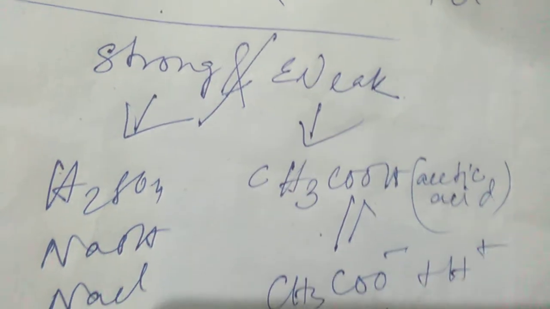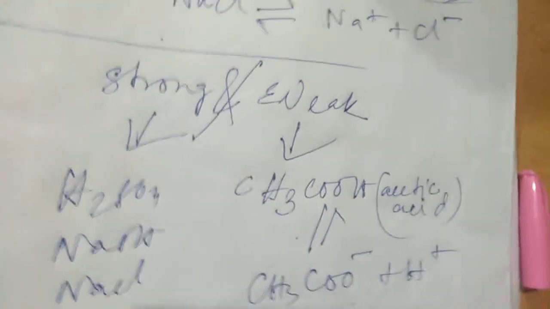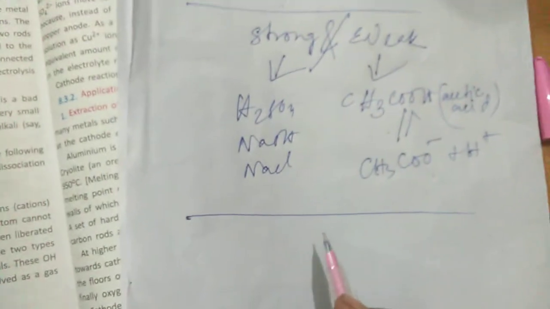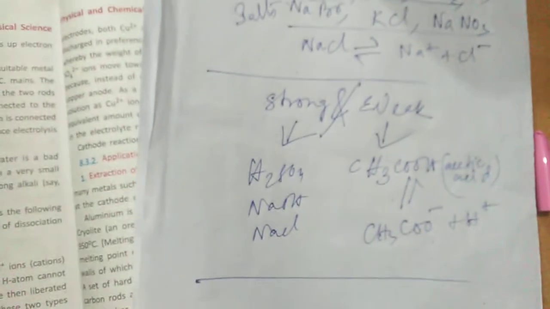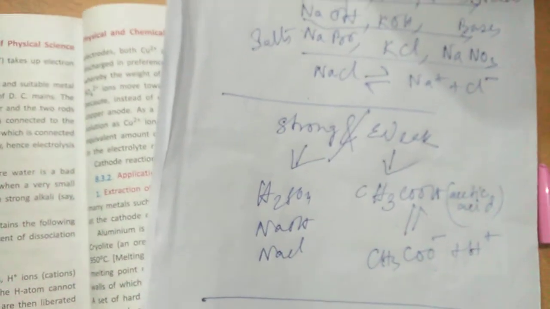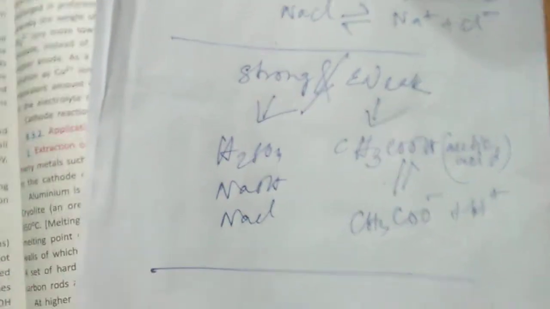Now, what is Arrhenius' theory about electrolysis? Arrhenius told that in molten or in aqueous state, all the ionic compounds are dissociated, and when electricity is passed into the solution or into the molten state, then the oppositely charged ions move towards the electrodes of opposite character.